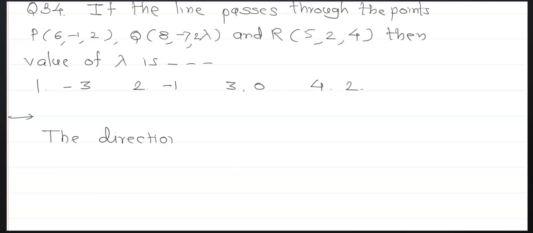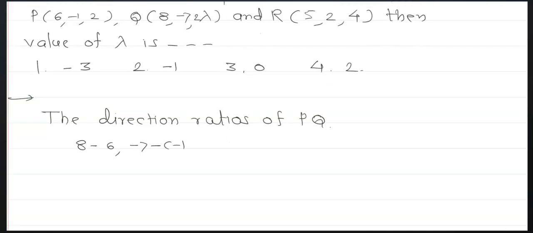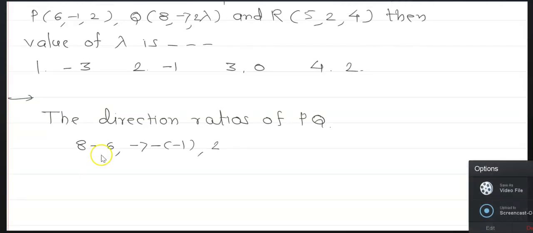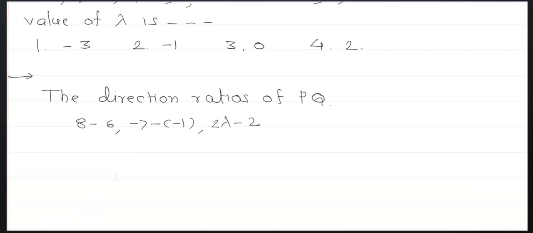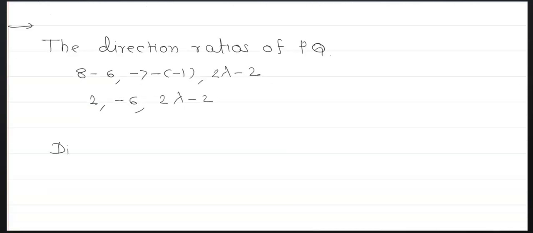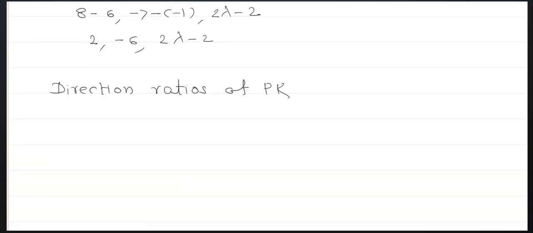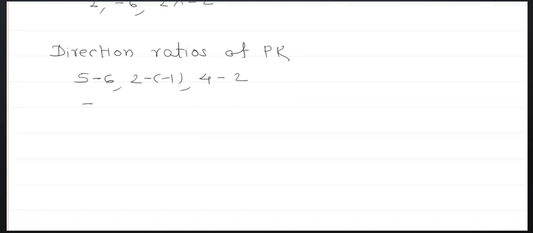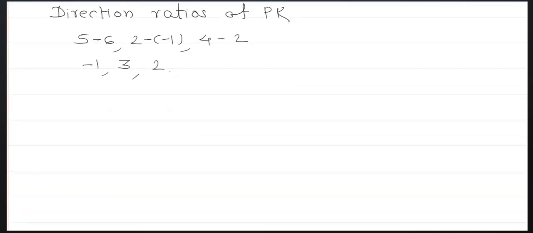Now here the direction ratios of PQ are 8 minus 6, -7 minus (-1), 2 lambda minus 2, that is 2, -6, 2 lambda minus 2. And the direction ratios of PR are 5 minus 6, 2 minus (-1), 4 minus 2, that is -1, 3, 2.